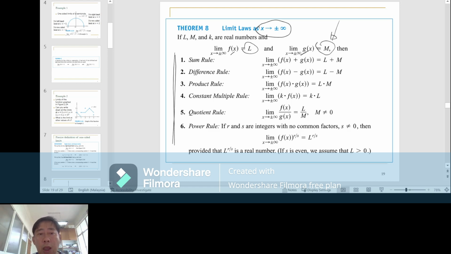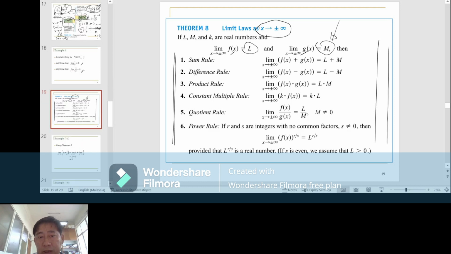In chapter 2.3, we also have a set of similar rules that allows you to calculate the limit of a function h, where h is comprised of f and g, either by adding f and g, taking the difference between f and g, making the product of f and g, or taking the ratio of f and g, or raising the functions f or g to another power.